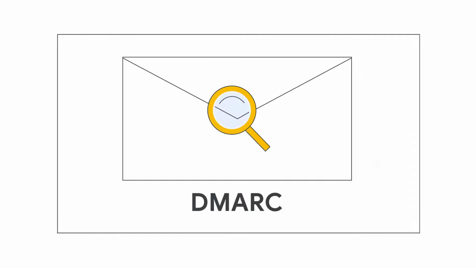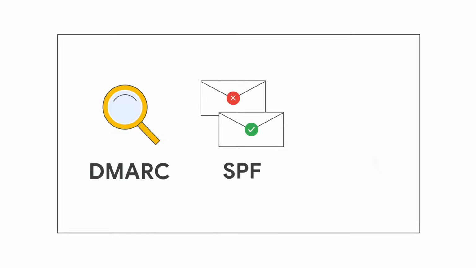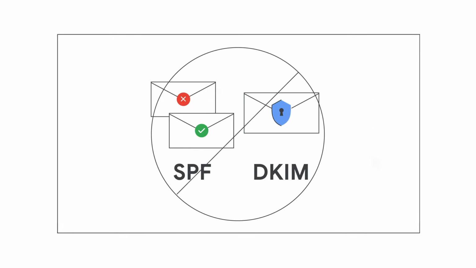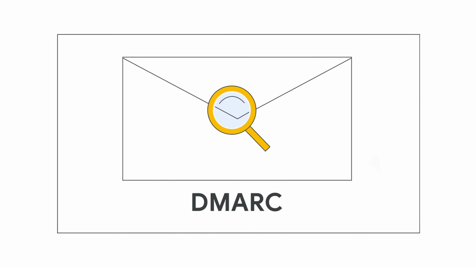While not required to send mail successfully, we recommend you set up DMARC to further protect your email accounts from spam, spoofing, and phishing. DMARC, or Domain-Based Message Authentication, Reporting, and Conformance, helps you manage messages that are checked by SPF and DKIM. When a message doesn't pass SPF or DKIM, DMARC lets you decide what happens to the message next.